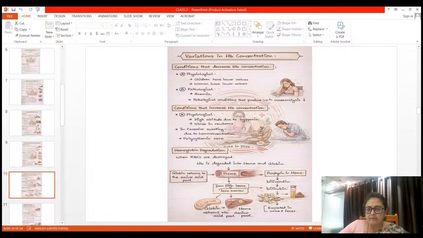So iron from heme goes back to the bone marrow, to the amino pool, for recycling, for using in the next RBCs. And porphyrin is converted to biliverdin, which is converted to bilirubin, and this bilirubin is excreted into the small intestine through bile.